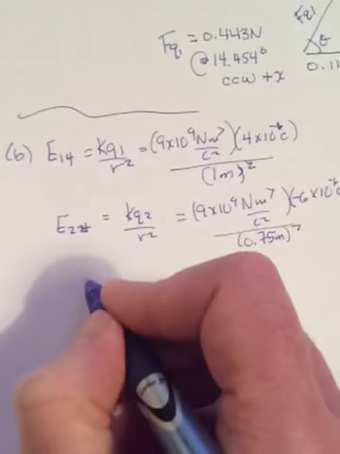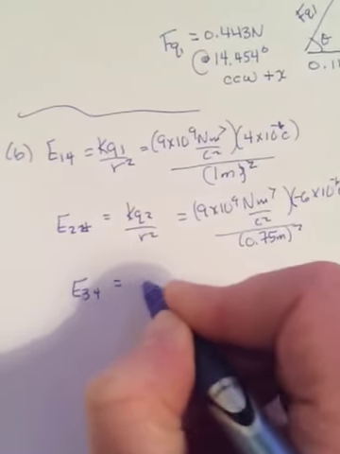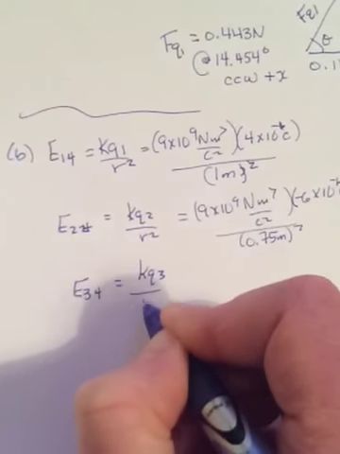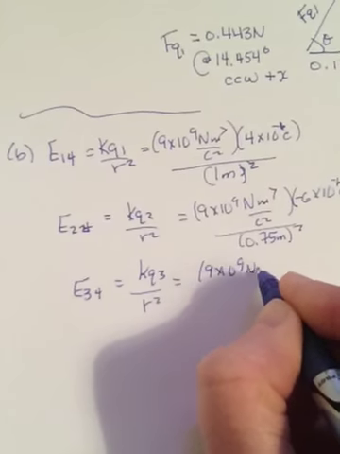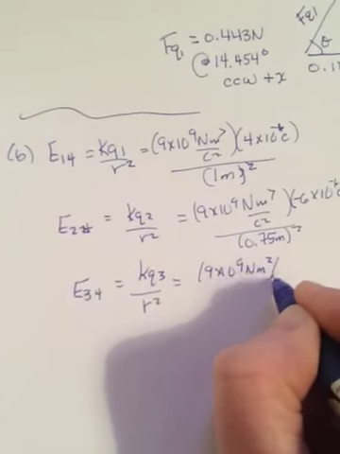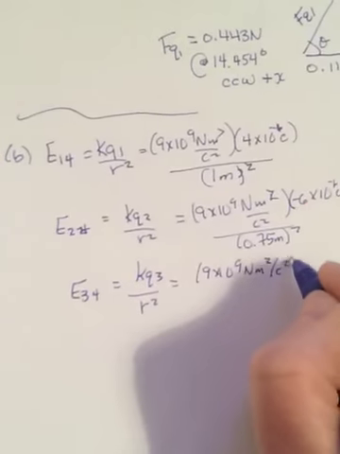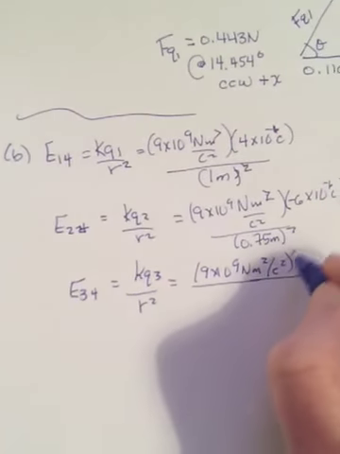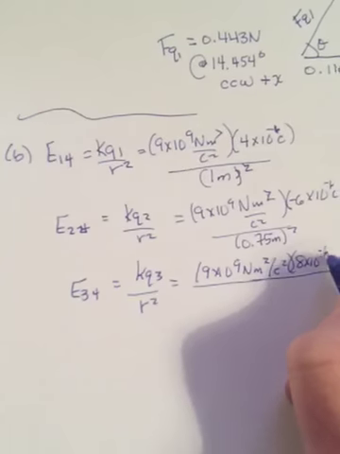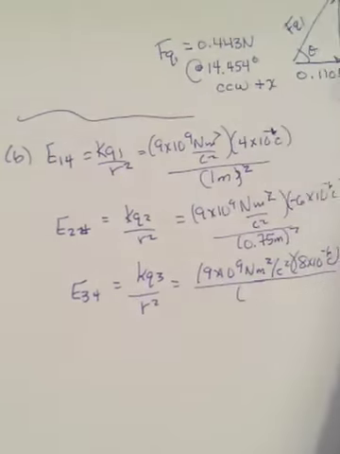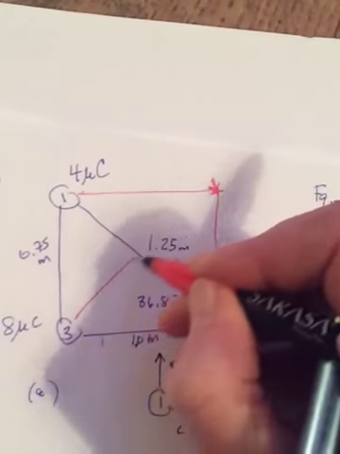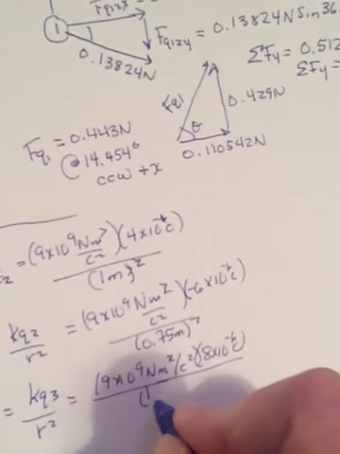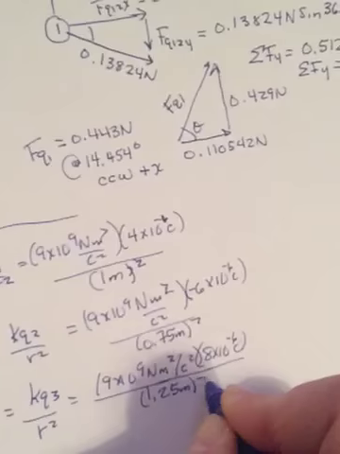And then you're going to do E3 at 4, KQ3 over R squared. So 9 to the 9th times 8 to the negative 6 over, and Q3 will be this diagonal, which strangely enough is also 1.25, just like the other diagonal was, squared.